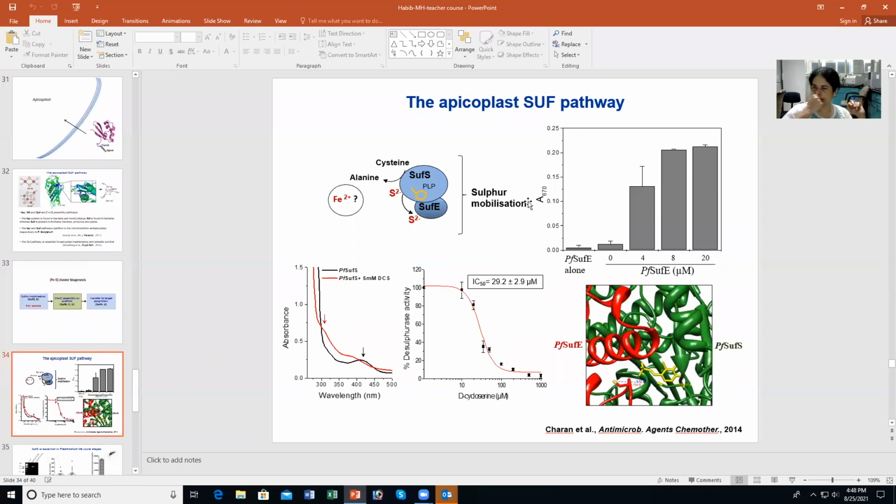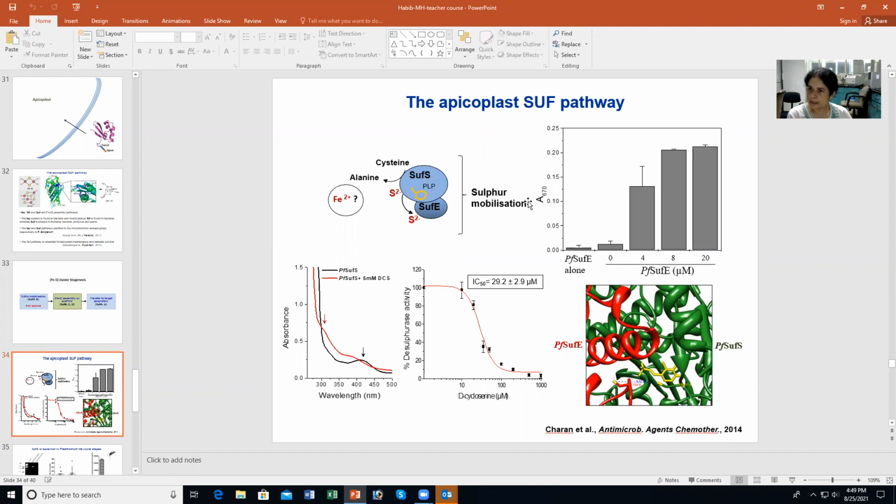So we started looking at it. I'm just showing you some examples basically to tell you how the SUF pathway operates and what were the functionalities of the SUF pathway that could be interrogated and how one can interrogate this. So basically, first identify genes of the SUF pathway. One has to look for homologs.